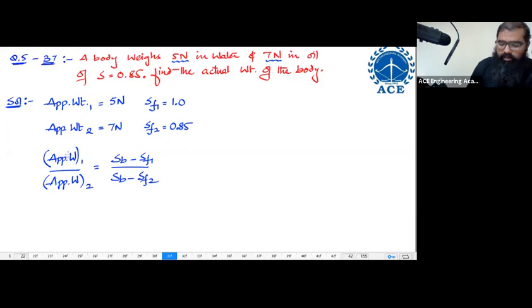Now, apparent weight 1 by apparent weight 2 is equal to how much? 5 upon 7 is equal to SB minus 1 upon SB minus 0.85. From here, get me the value of SB.